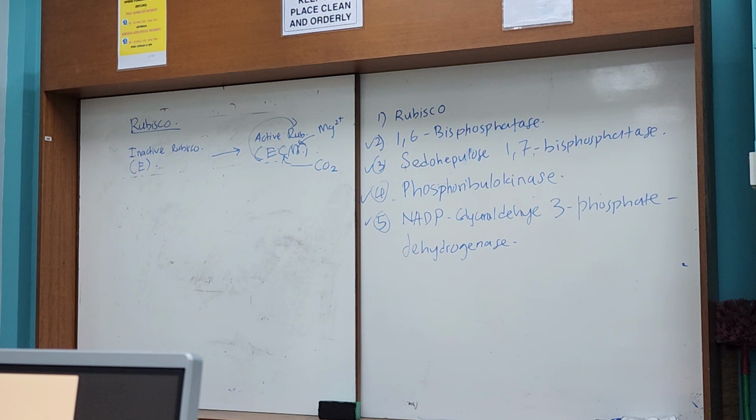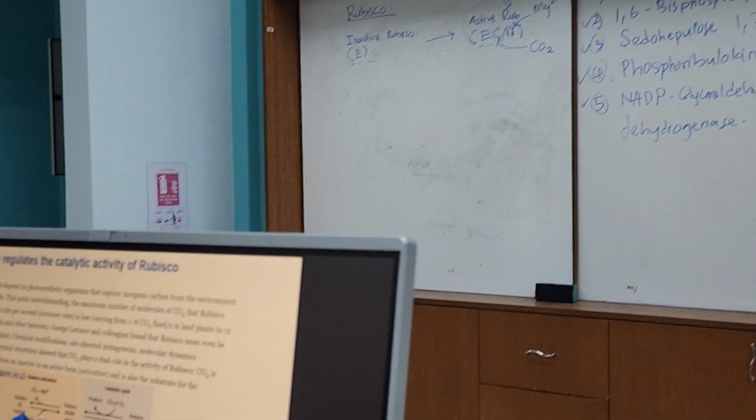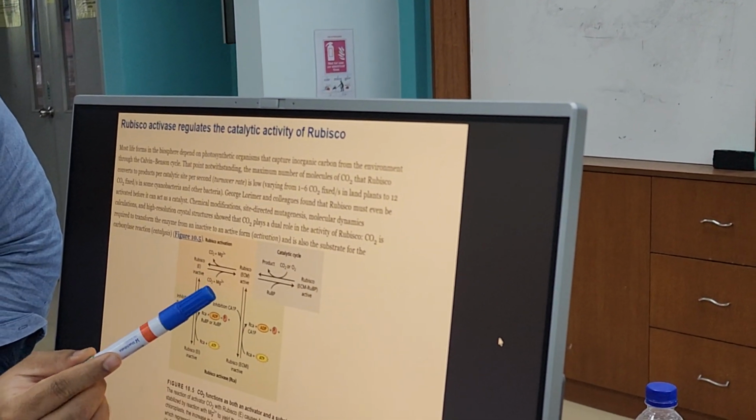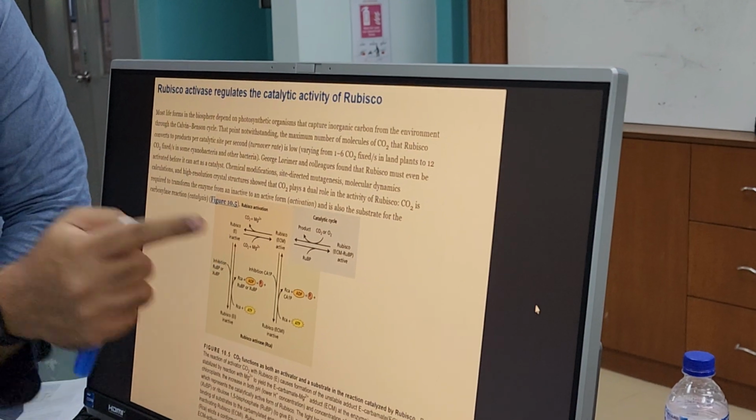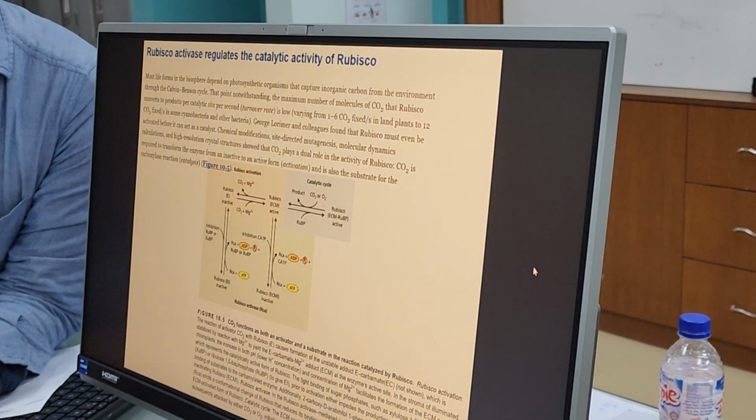Okay, so if you look at this diagram here, this is Rubisco, which is inactive. Then comes the CO2. Then comes the magnesium. This magnesium actually comes from the pumping of the thylakoid.